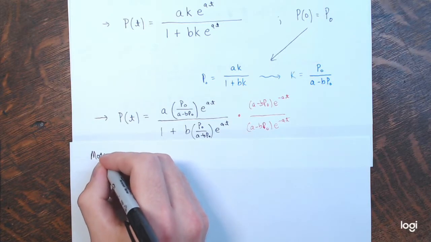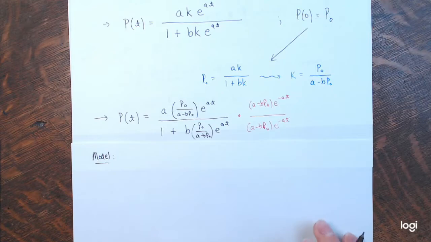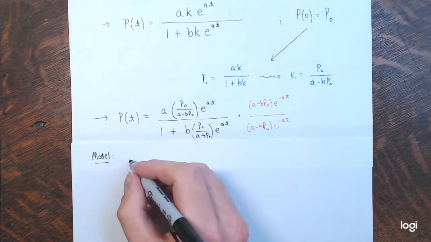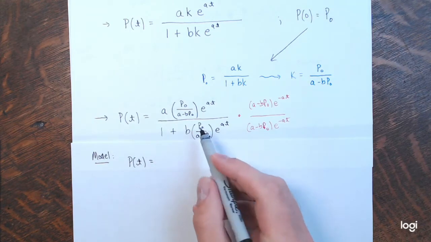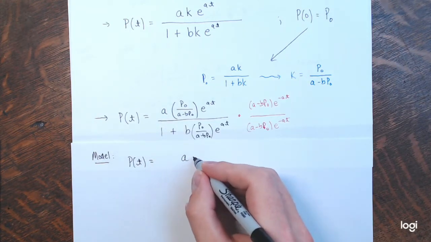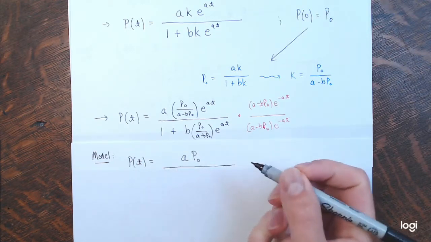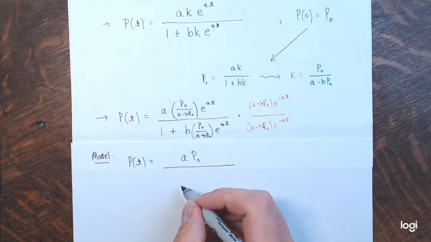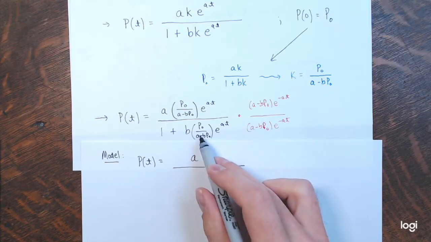So the final model, for the solution of the logistic equation, P of t equals just a times p sub 0 divided by, and then, if I multiply this by this term, you just have b times p sub 0.